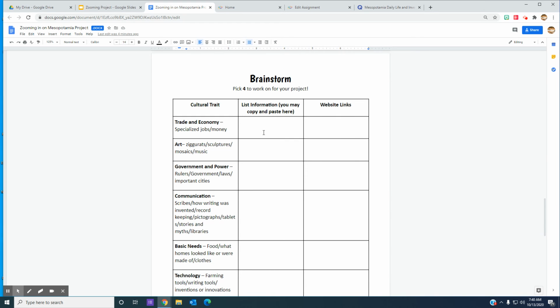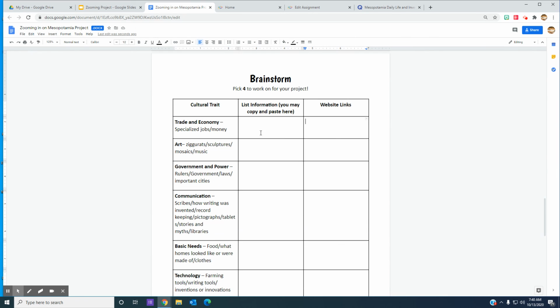I need you to take notes or at least list information. You can copy and paste in these boxes because we'll be going back and putting it in our own words tomorrow. But pick 4 and list information you find. You can just put bullet points or dashes, and you can type in information you find on the internet or copy and paste it, and then put your website links where you find the information.